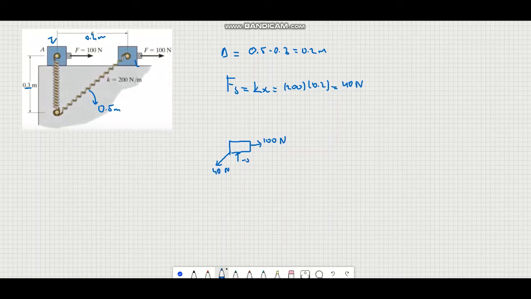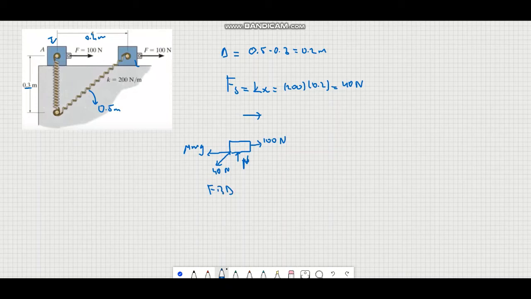Since the motion seems to be going to the right side, we will have a friction force over here, nu N, where N is the normal force acting on this block. So this is our free body diagram.